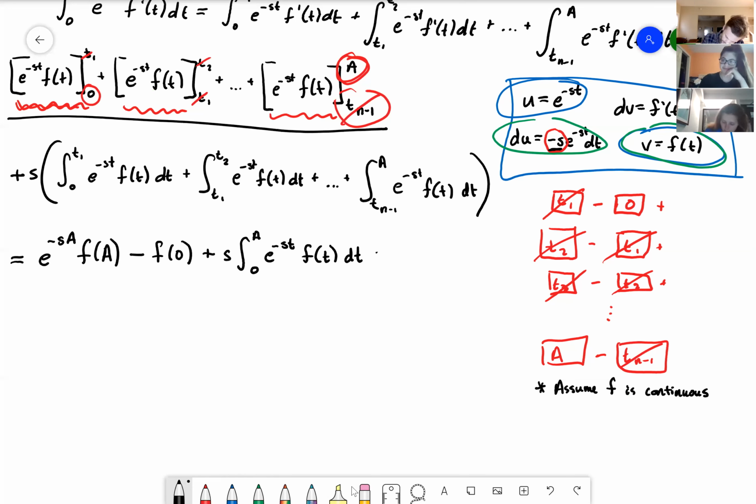And just to recall, the left-hand side of this thing was the integral from 0 to a of e to the minus st, f prime of t, dt. So I've scrolled it off the screen at this point.